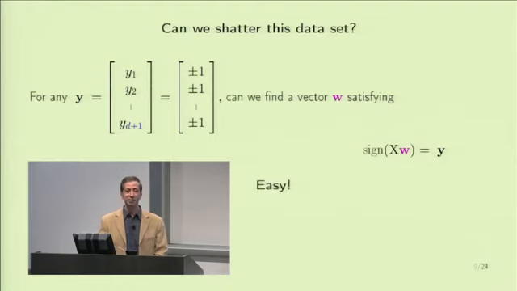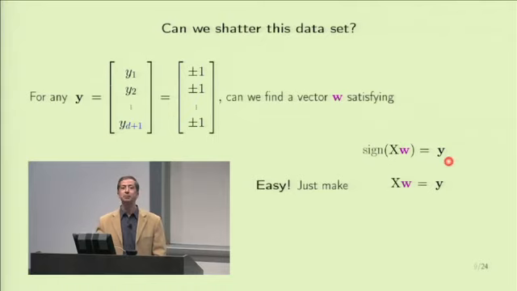Oh, it's pretty easy. I am going to do even better than this. I am going to actually have XW numerically equal Y, even before taking the sign. So when you multiply the matrix X by W, you are going to get specifically a pattern of plus or minus 1s. Well, if you get plus or minus 1, guess what happens when you take the sign of that? You'll get the same thing, plus or minus 1.